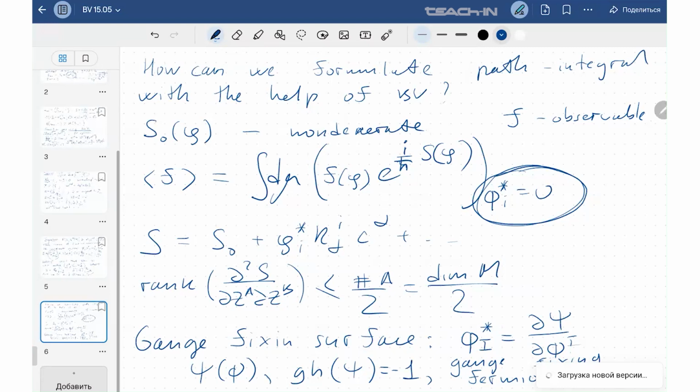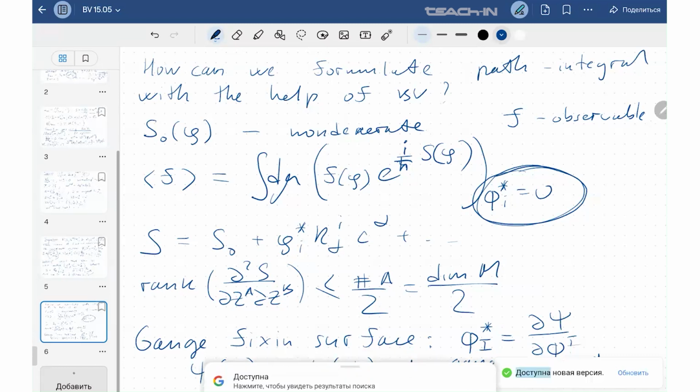But in a more general setup, we could, what does it want to do? How to get rid of this? Sorry.